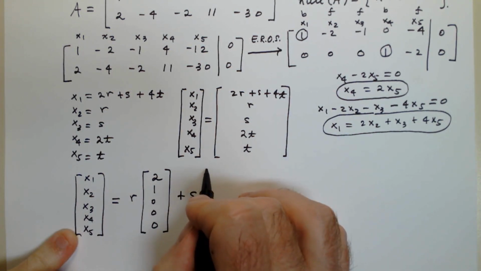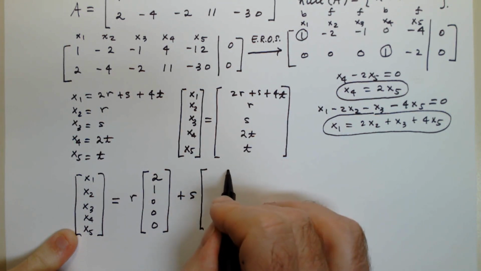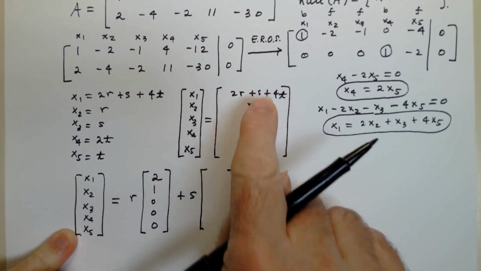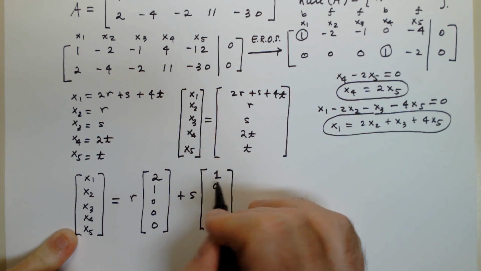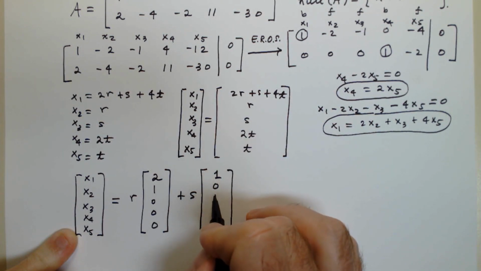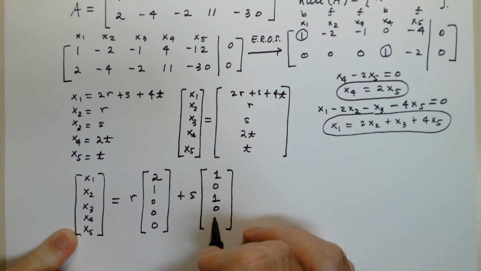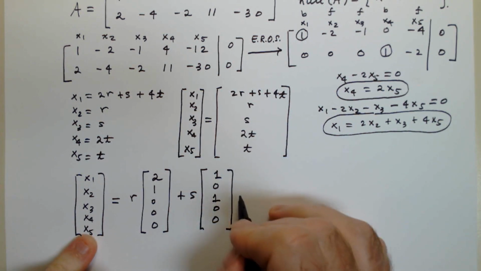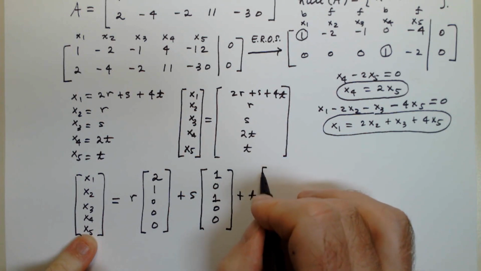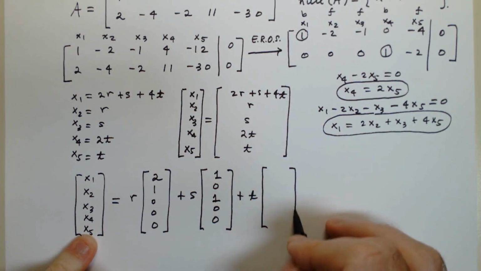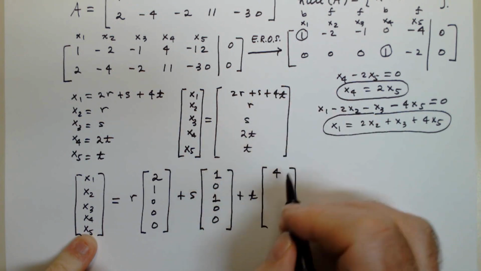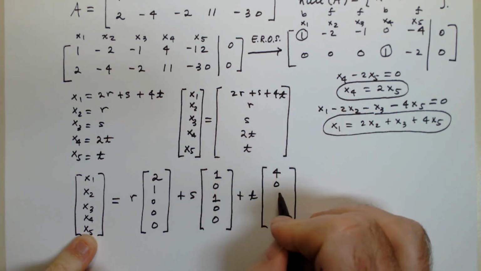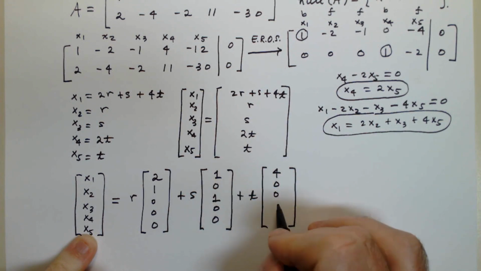I will do the same for s. I'm seeing an s there, so there's a 1 in that position, a 0 in component 2, a 1 in component 3, and then a 0 and 0. And then finally for t, we're seeing a 4, a 0, a 0, a 2, and a 1.